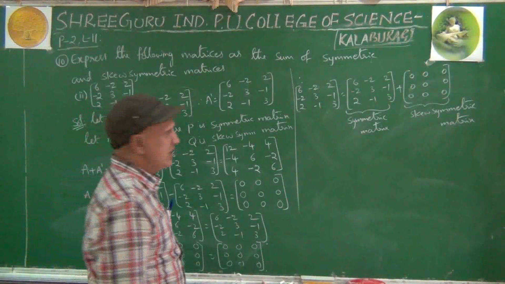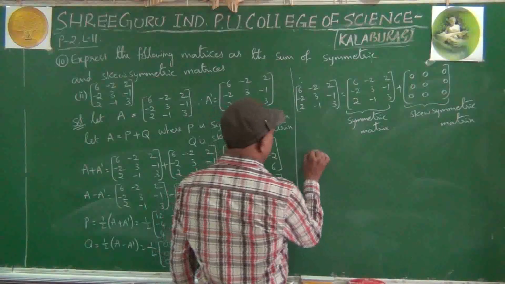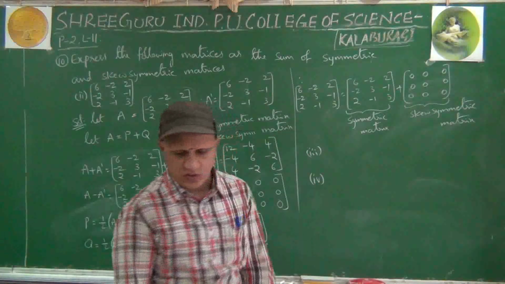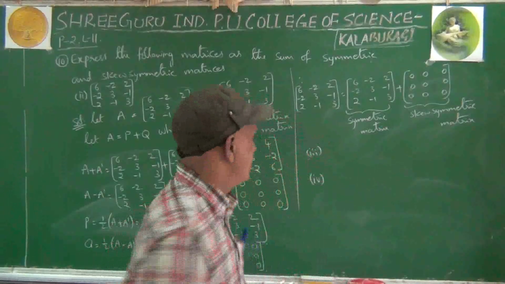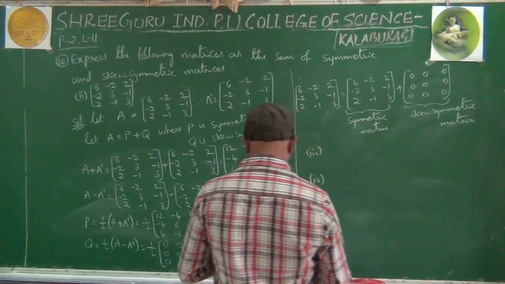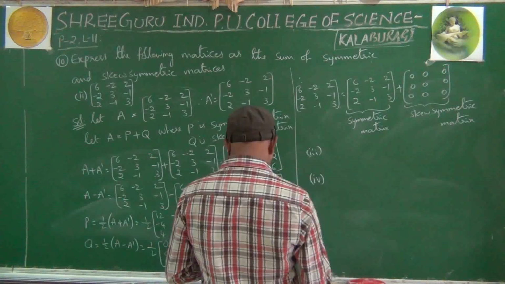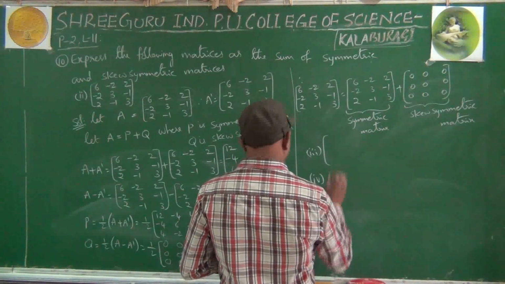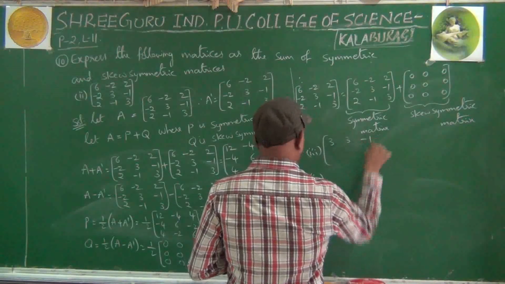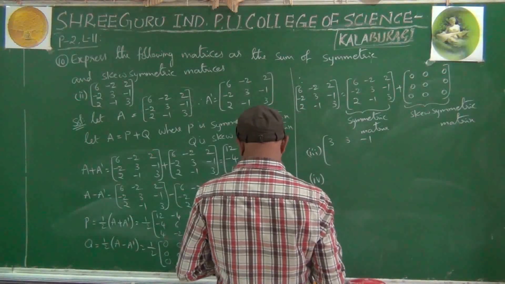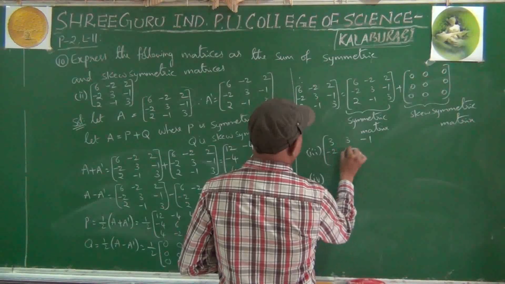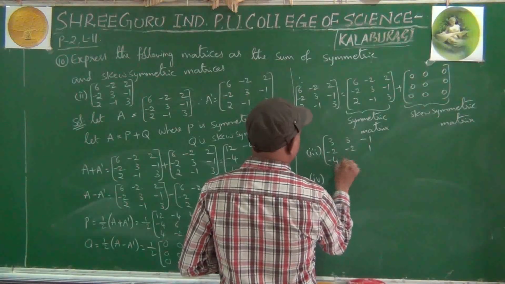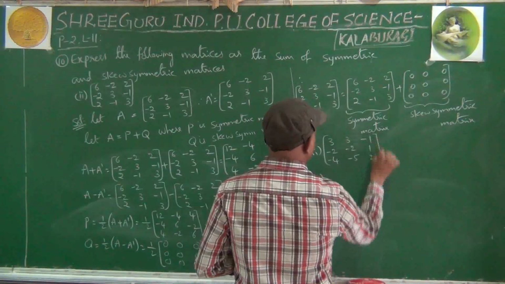Two more questions are there. Same method, you try those. One is a 2 by 2 and another is a 3 by 3 matrix. The questions are: 3, 3, -1; -2, 1; -4, -5, 2.